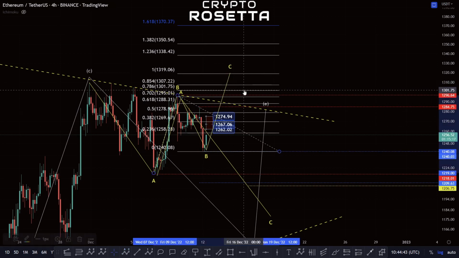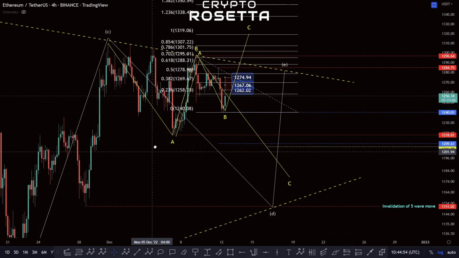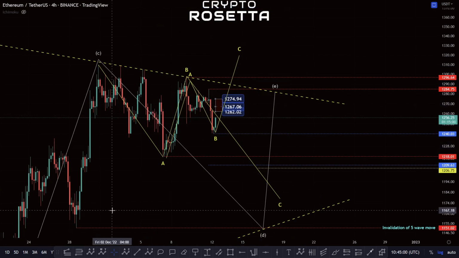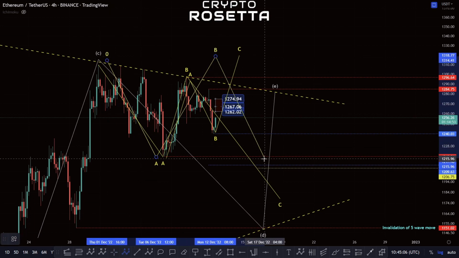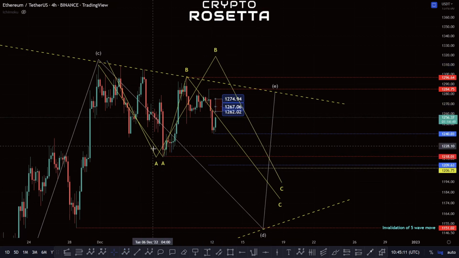So once again, until we start to get the correct structure to the upside here, there's no guarantee we're going to move up to this 1370 area. So it could actually be that all we have is a bigger corrective move here, and what that would be looking at is potentially this whole move as just an A, B, and then a C, and this would effectively become an expanding flat.